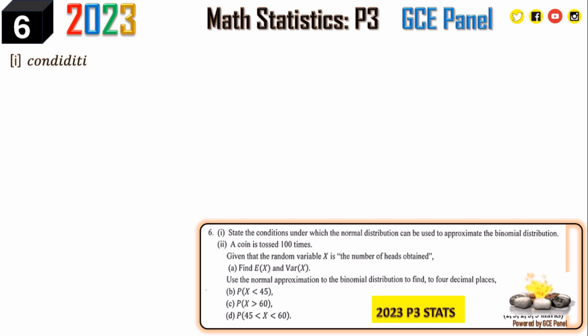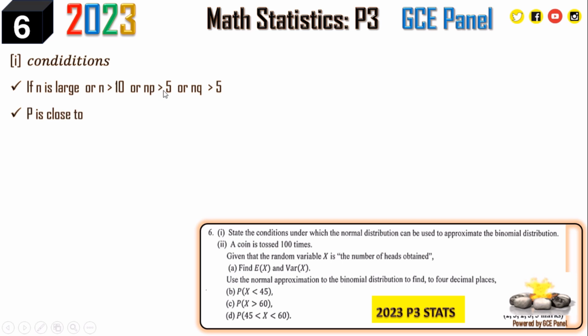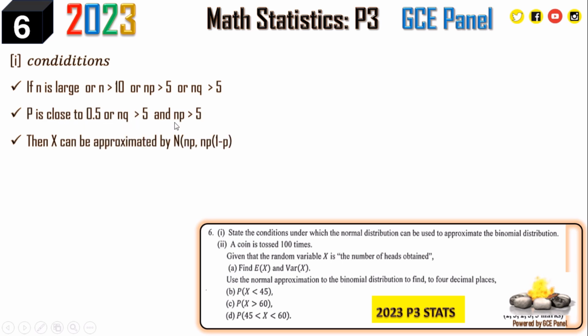The conditions under which we can approximate the binomial are as follows. One, n is large, or n is greater than 10, or np is greater than 5 and nq is greater than 5. Secondly, p is close to 0.5, or nq is greater than 5 and np is greater than 5.